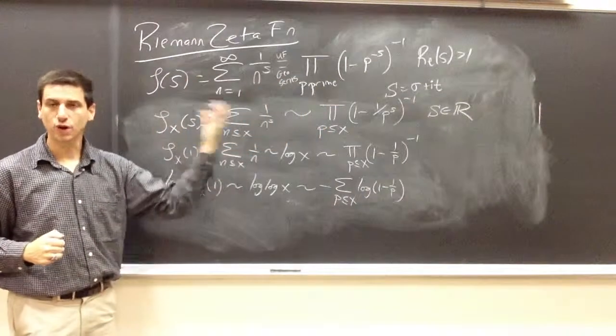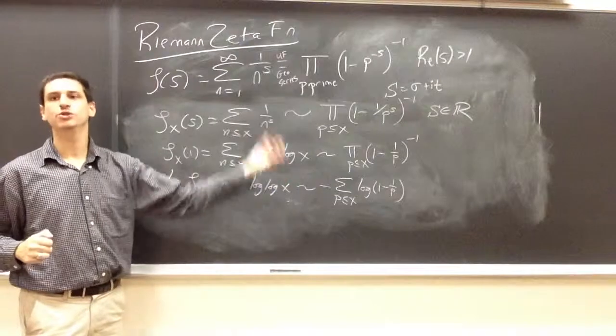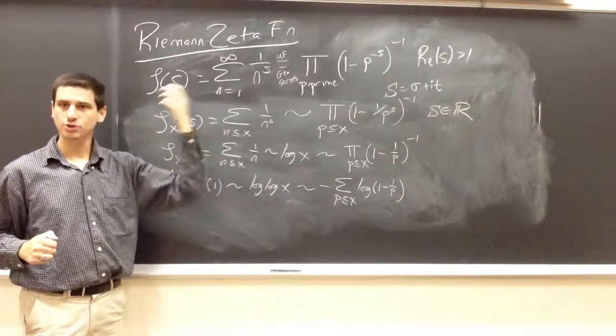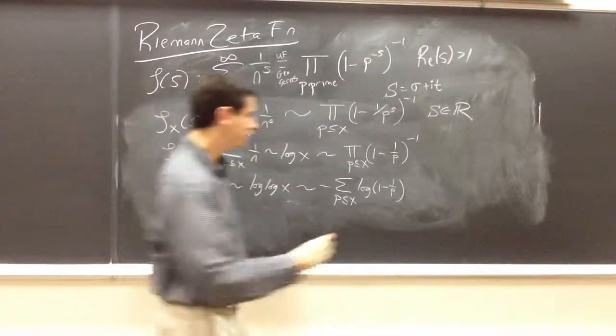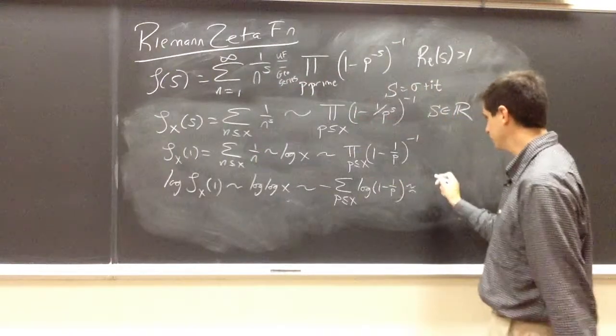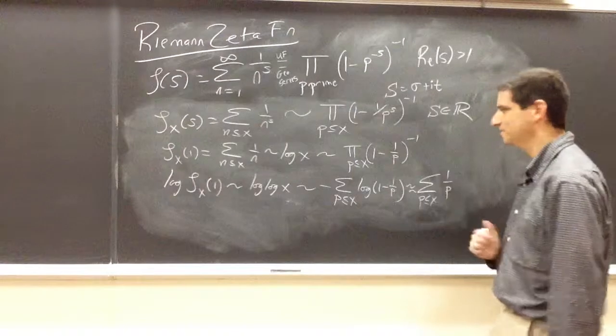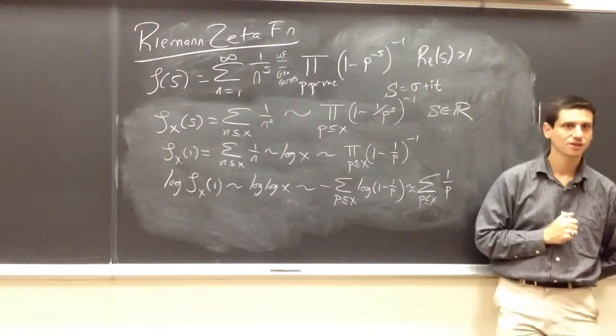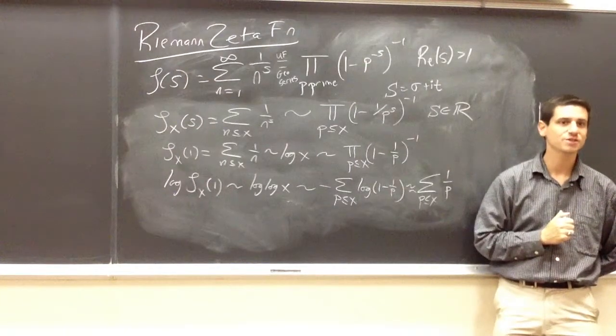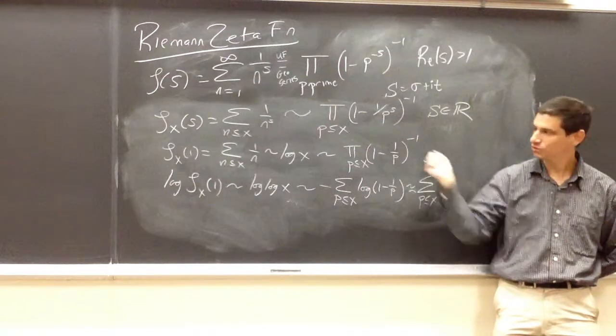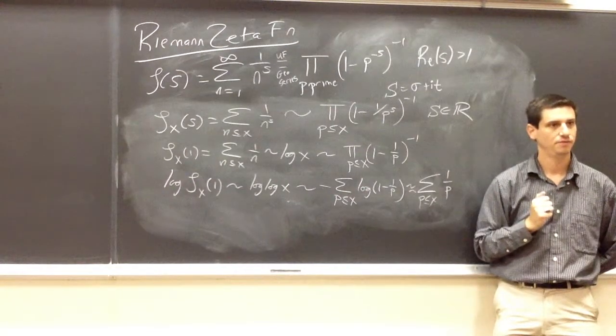But what's the log of 1 minus u? It's minus u squared over 2 minus u cubed over 3. So this is approximately, the minus is reinforced, the sum, p less than or equal to x, of 1 over p. So here you go. The sum of the reciprocals of the primes is approximately log x.